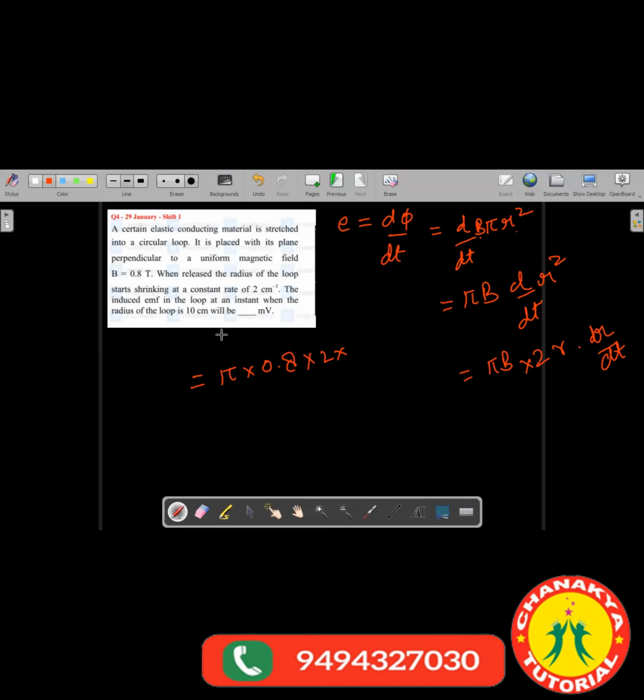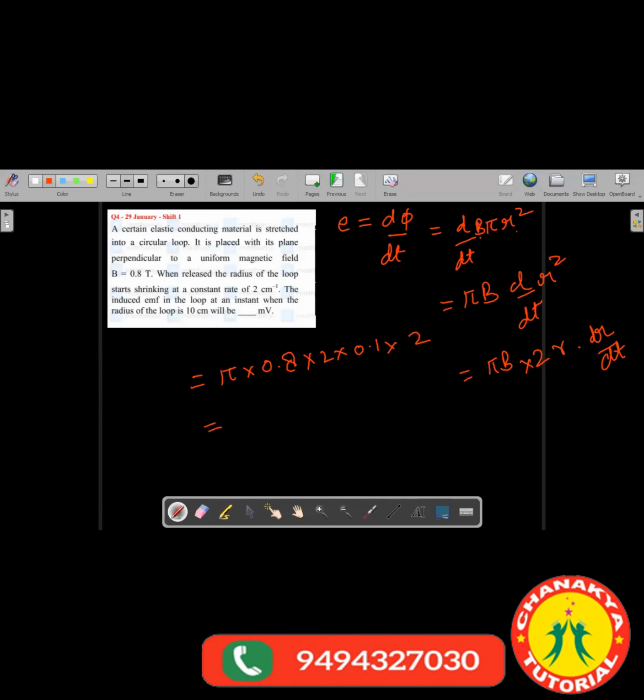So we put the value of r as 10 centimeter, which is 0.1, and multiply by dr by dt, the rate of change of radius with respect to time, which is 2. So you put here 2, and I think you will be getting the answer.